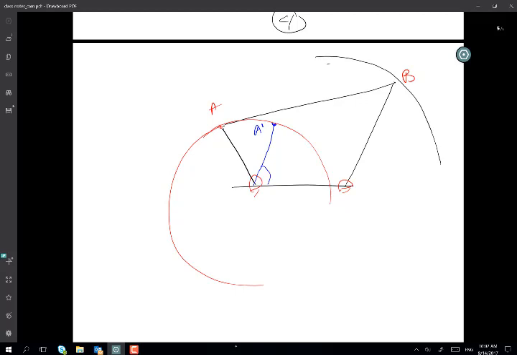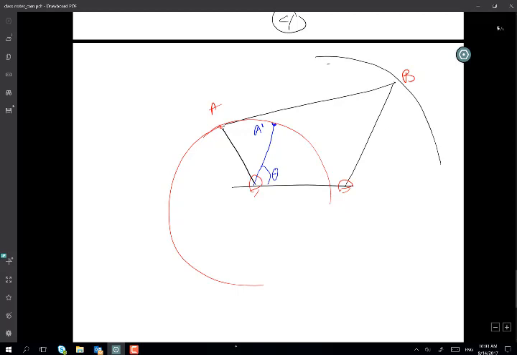So this exactly means I'm giving you one angle here, and then I'm saying find the rest of the linkage. If you want to find point B prime, B is going to move on a circular arc, correct?